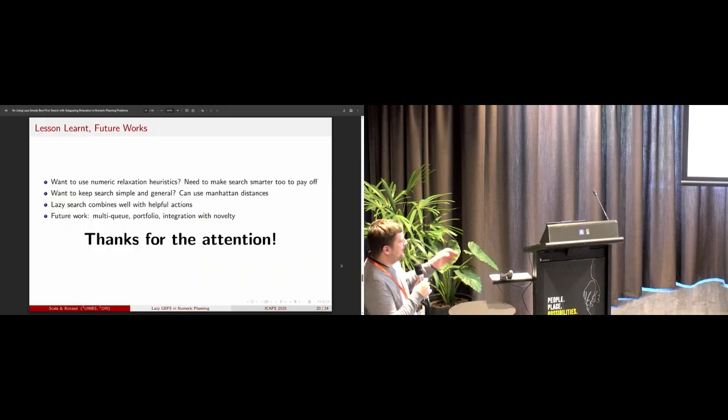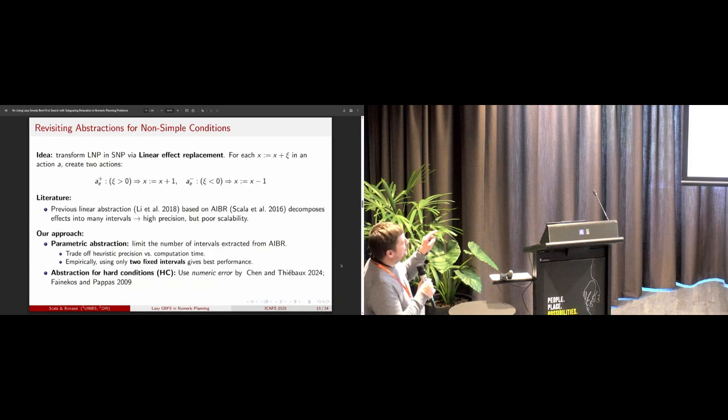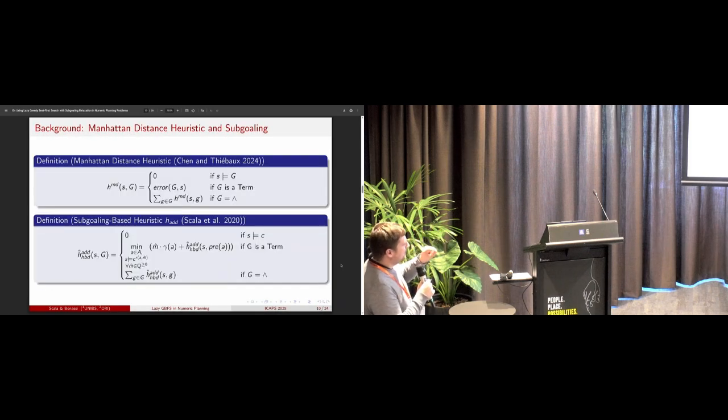Yes. Right. And so it seems to me that some of your contributions are in the direction of limiting the time, or making the heuristic cheaper. Some others instead are to exploit it better. So what would happen if you were using these kinds of approaches with the heuristics of Chen and Thibault?